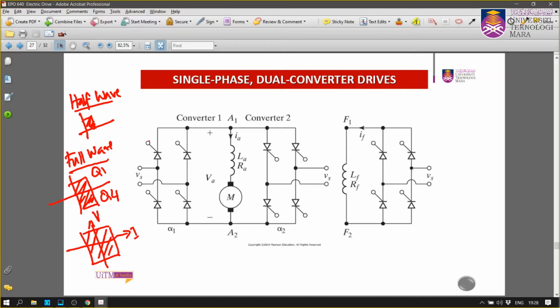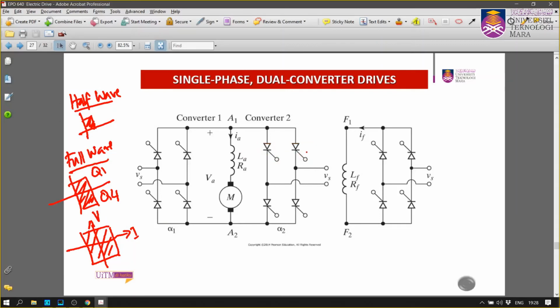Okay, so in the dual converter drive, on the left hand side converter 1 is a normal full wave rectifier. On the right hand side we have converter 2, which is connected in anti-parallel. We call it anti-parallel because the arrangement is different.